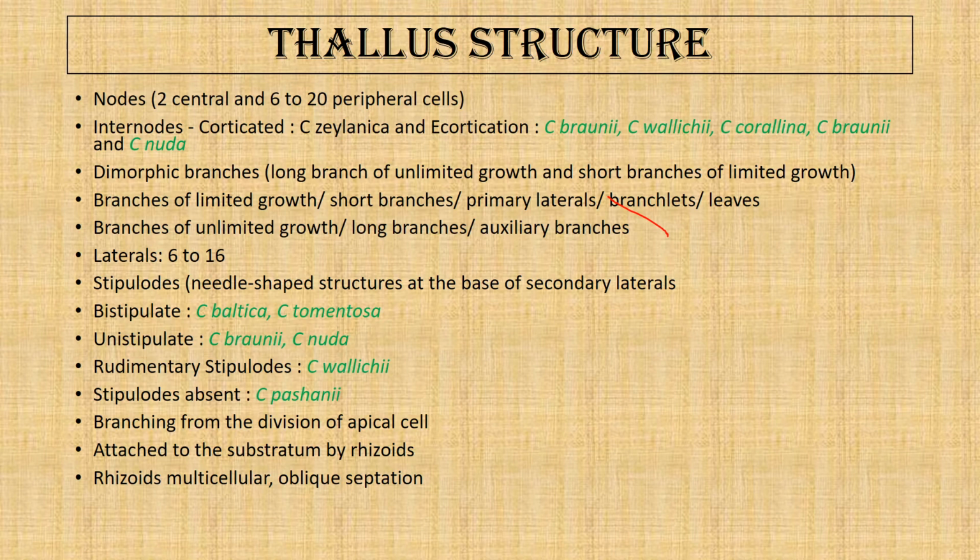So there is a difference in the cellular organization in nodes and internodes. The node has two central cells and 6 to 20 peripheral cells, and the cells of the nodes are isodiametric.